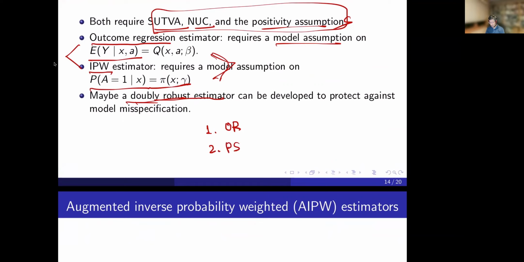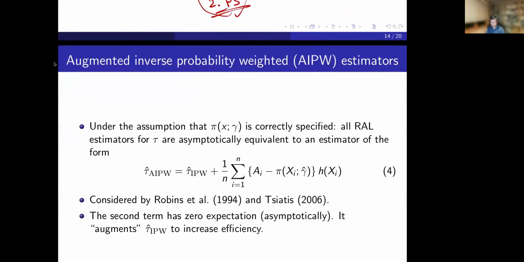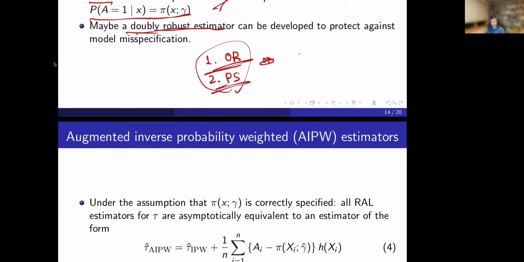If either model is true, the resulting estimator is asymptotically unbiased. That property is called double robustness.